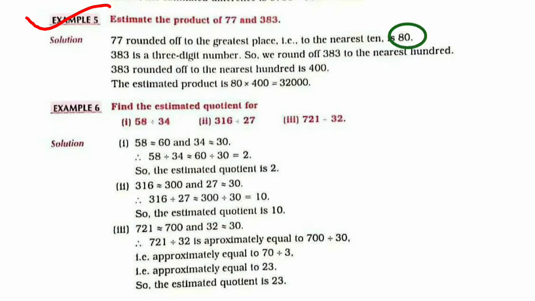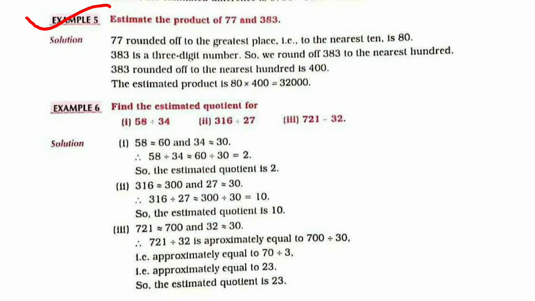Next number 383, which is a 3-digit number, so we can round off 383 to the nearest 100, that is 400, because here near the rounded place 8 is given, which is greater than 5, so we will add 1 to the rounding place, which is 3. So the estimated product will be 80 multiply 400, which is equal to 32,000.